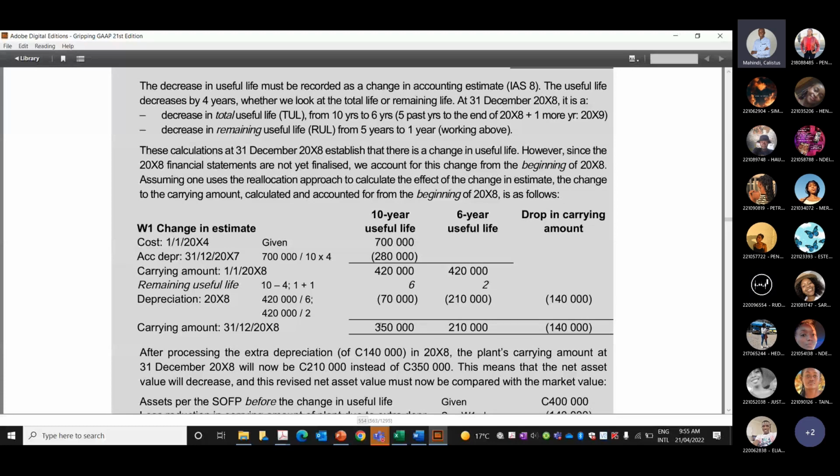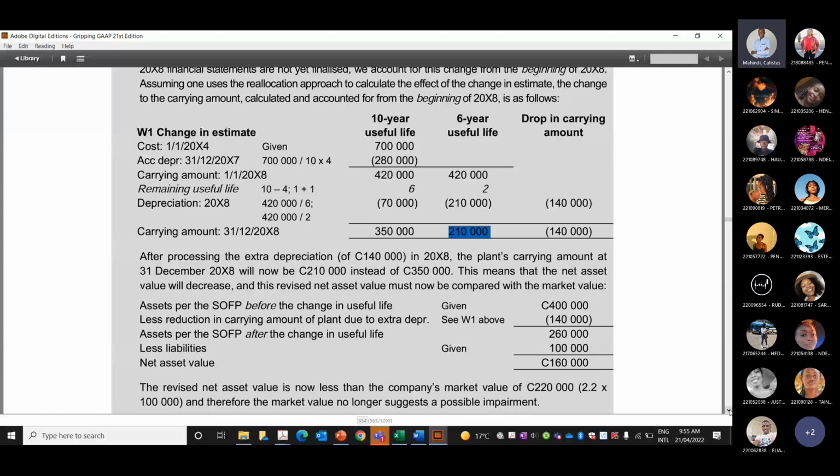Since the carrying amount of the asset, the plant, is less, how does that affect our assessment of whether this asset is impaired? We will now have to calculate the net asset value, using the new estimate.